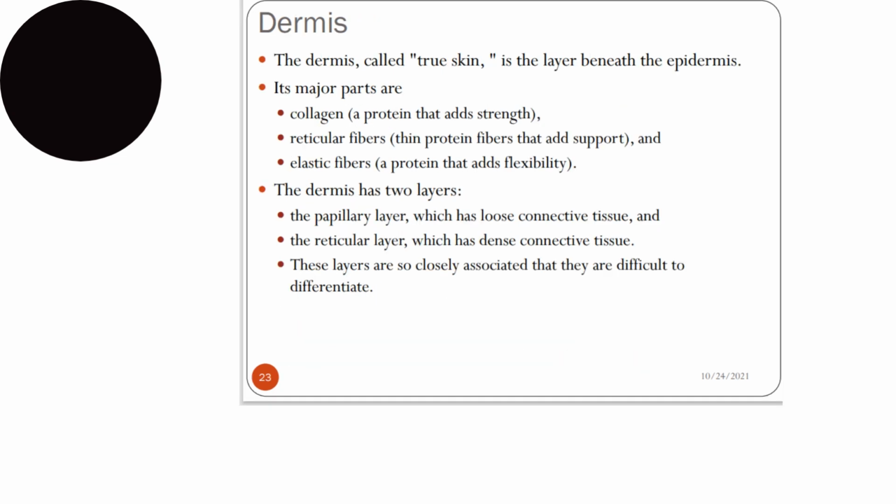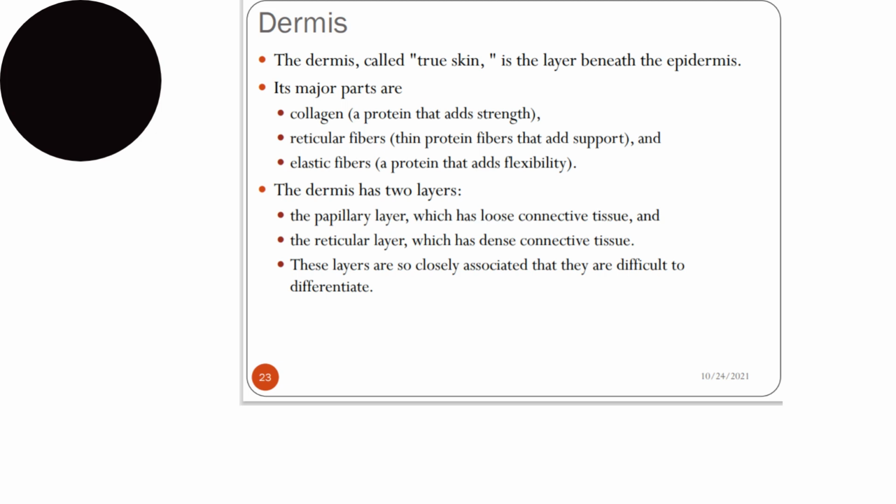So we move to the second layer of skin, dermis. Okay, this is the true skin. Of course, it is under the epidermis. So dermis contains collagen fibers, whether reticular fibers or elastic fibers.